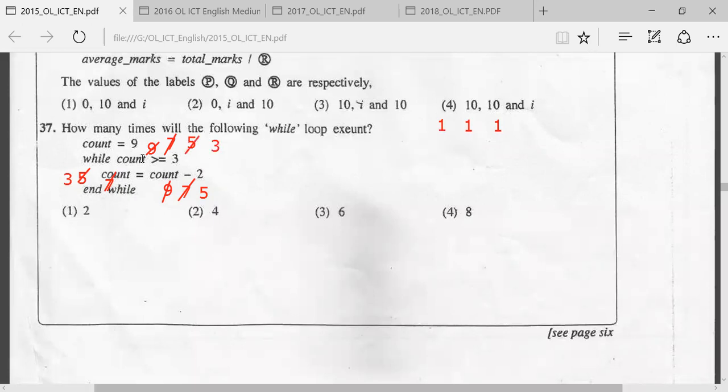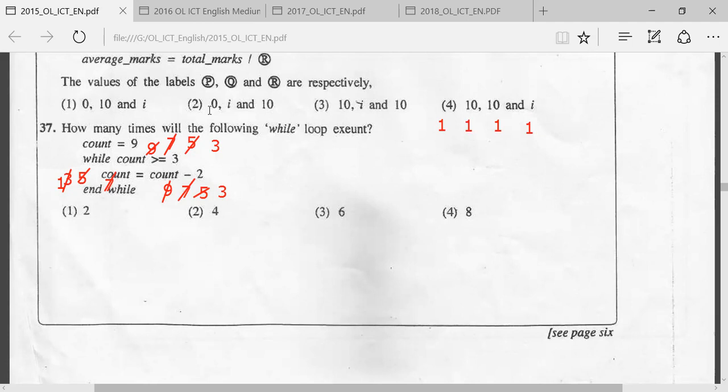3 greater than or equal 3, which is true. Greater than is false, but equal is there, no? So true. 3 greater than or equal 3, which is true, it will go inside. Now the current value of count is 3. 3 minus 2, which is 1. So fourth time iteration happened.